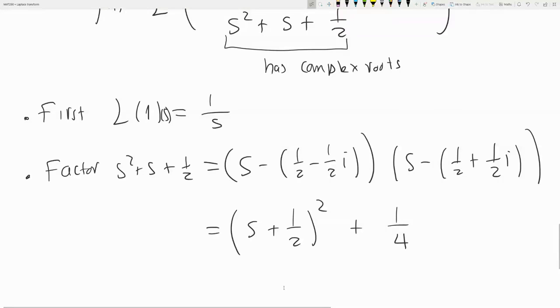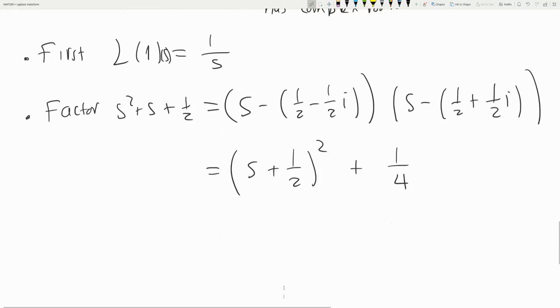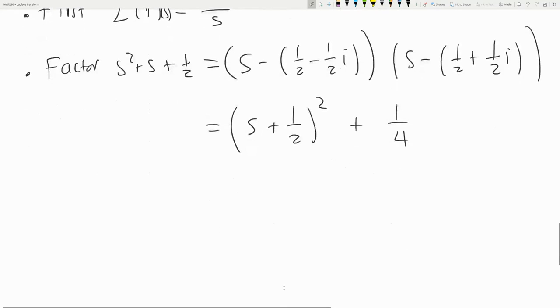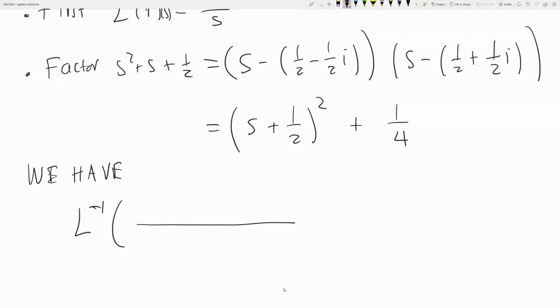So either way is fine. It's up to you. Okay, so coming back, we have L inverse of 1 over s times s plus a half squared plus 1 over 4.